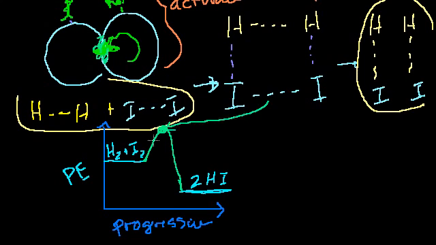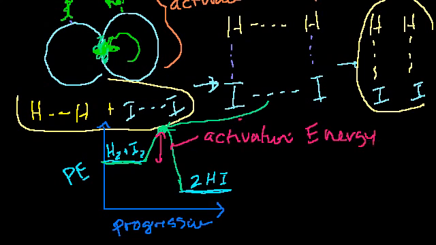Some energy has to be in the system, and the difference between the energy we're at when we were just hydrogen molecules and iodine molecules, and the energy we have to get to this activated state, this distance right here, this is the activation energy. If we're able to somehow put enough energy in the system, then this thing will happen. They'll collide with enough energy, and bonds will be broken and reformed. Sometimes it's written as EA, energy of activation.